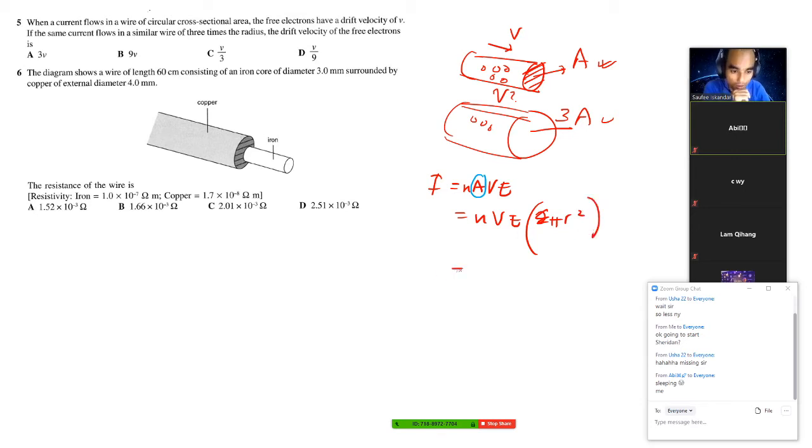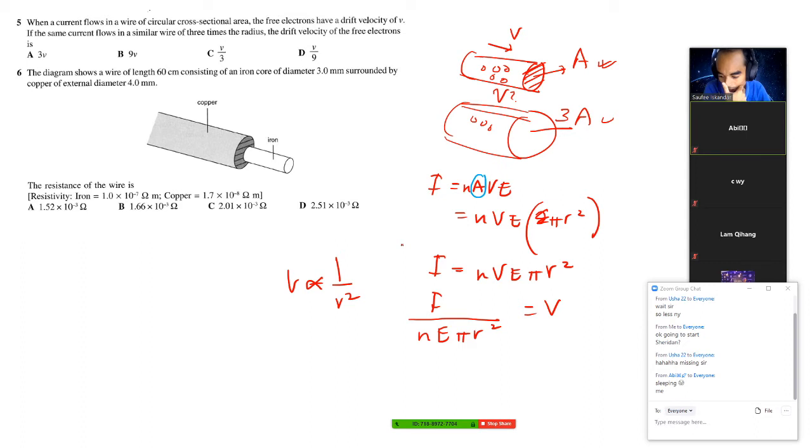So it means I equals n v e pi r squared, and we know that v equals I divided by n e pi r squared. So v is directly proportional to 1 over r squared.